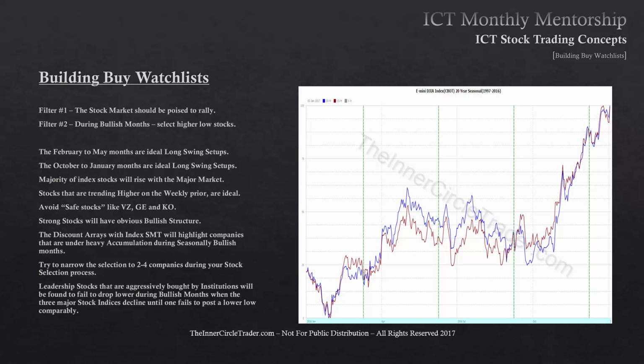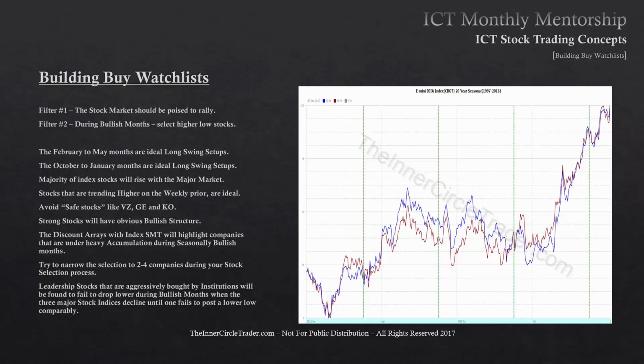We want to avoid safe stocks like Verizon, GE or General Electric, or Coca-Cola. Strong stocks will have an obvious bullish structure. The discount arrays with index SMT will highlight companies that are under heavy accumulation during seasonally bullish months. Try to narrow the selection to 2 to 4 companies during your stock selection process.